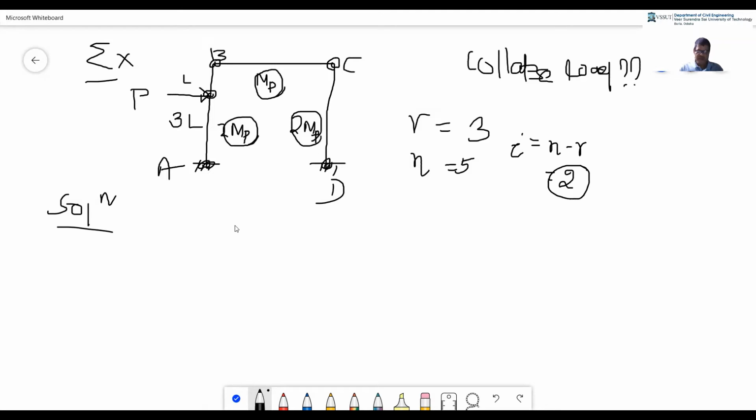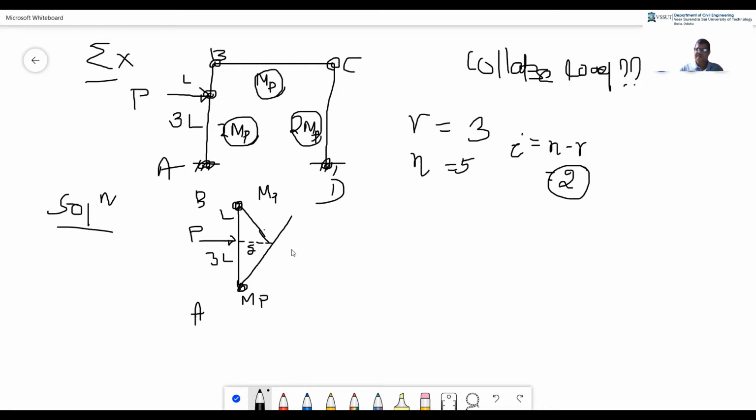Now let us see the beam AB first. We are taking mechanism 1 on AB. Here is L, here it is MP, here is also MP, and this is delta. Here the load is applied.